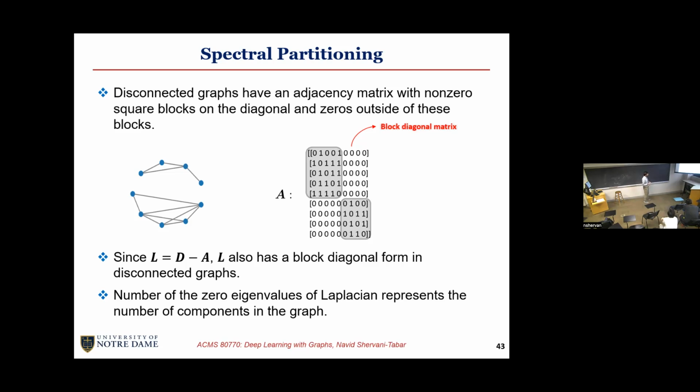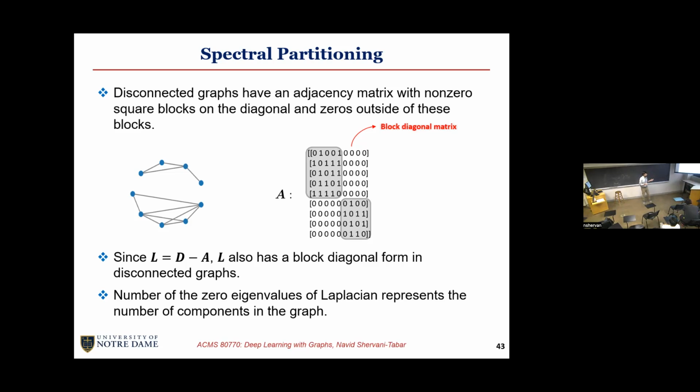And we can show that if we have a block diagonal matrix, we have a 0 eigenvalue corresponding to each one of these blocks. So the total Laplacian matrix will also have as many 0 eigenvalues as the number of connected blocks, basically connected components.